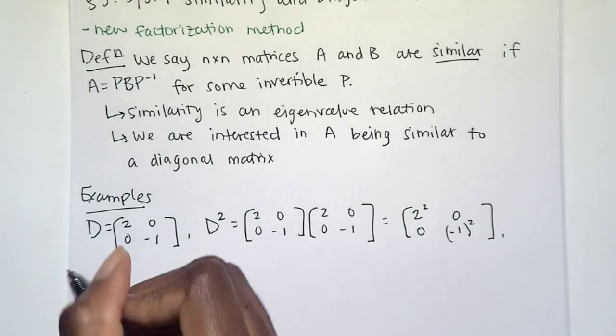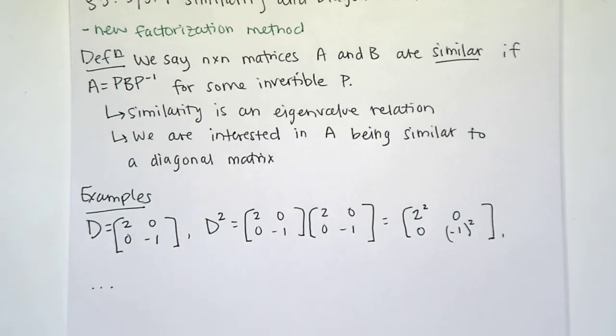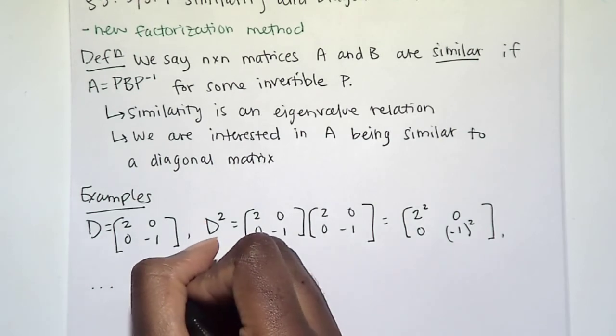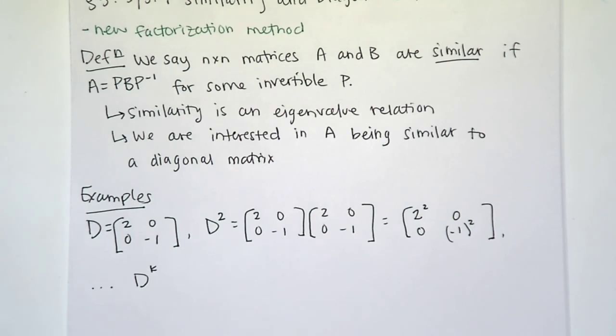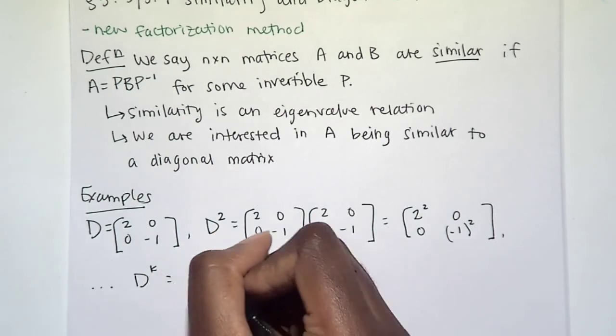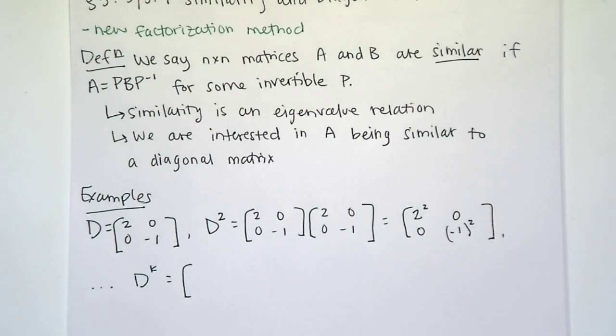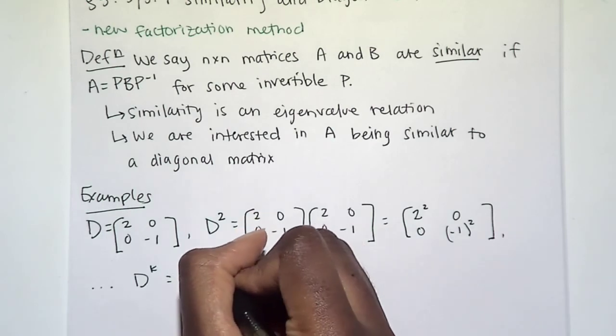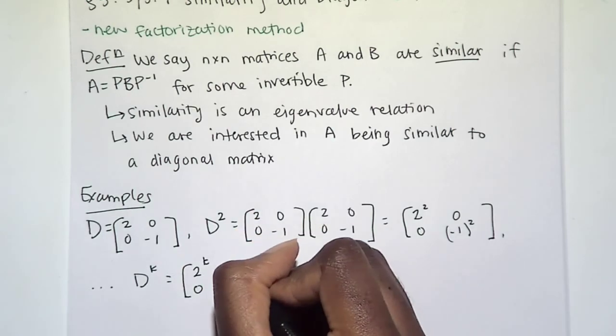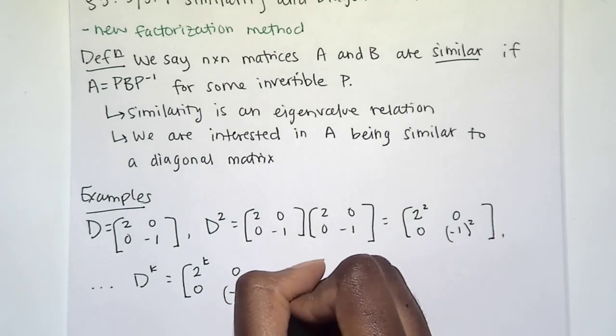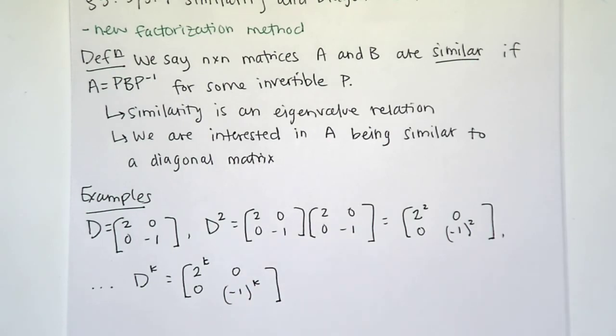And we can generalize this for any power. If we did D to the k, and this is our diagonal matrix, this is only a property of diagonal matrices. We'll get 2 to the k, 0, 0, and negative 1 to the k. Very convenient.